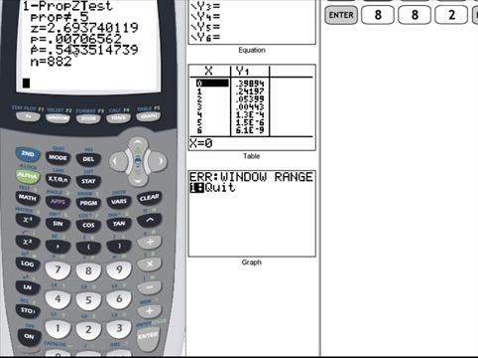But since our p-value this time is less than the value of the significance level, we would reject the null hypothesis. So the end result in terms of rejecting the null hypothesis is the same whether you're using the test statistic and the critical values like I did, or whether you're using the p-value, which is probably the easiest way to do it when you're doing it on the calculator. So that would be the result.